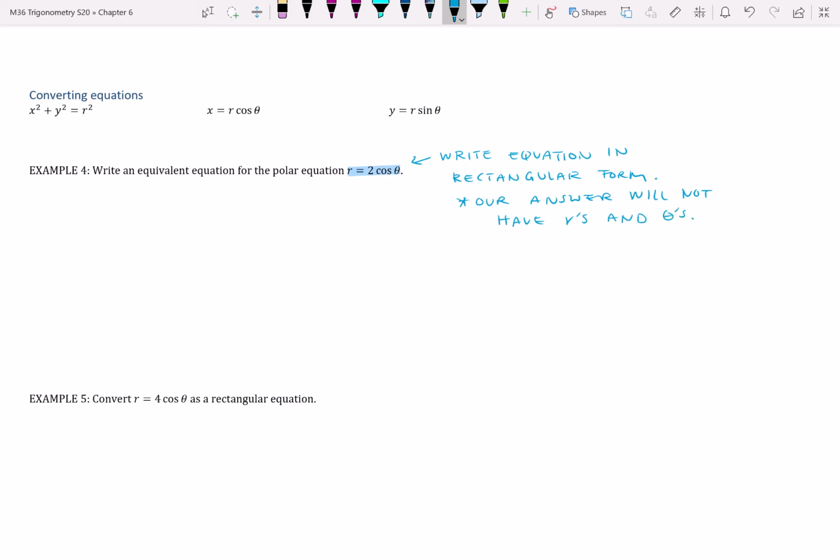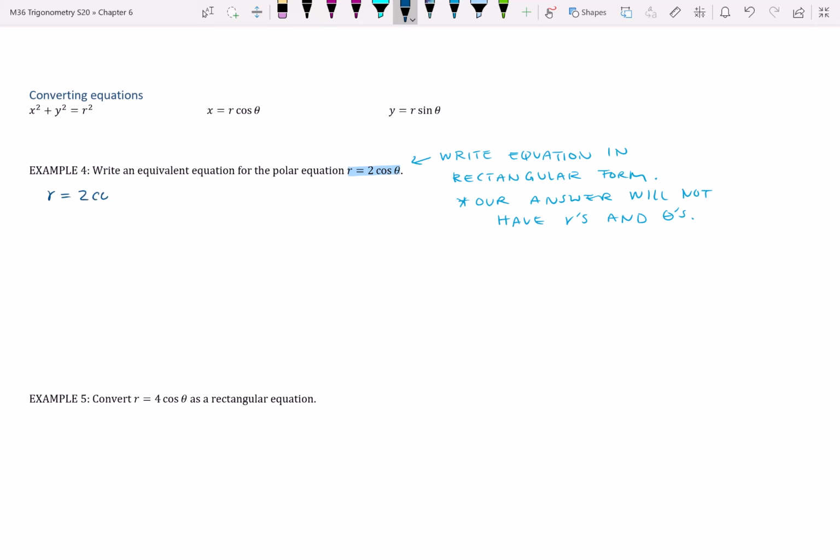So any ideas here? Normally when I do this in the classroom, we do a couple of different attempts. There are different ways of doing this problem. We have r is equal to 2 cosine of theta.